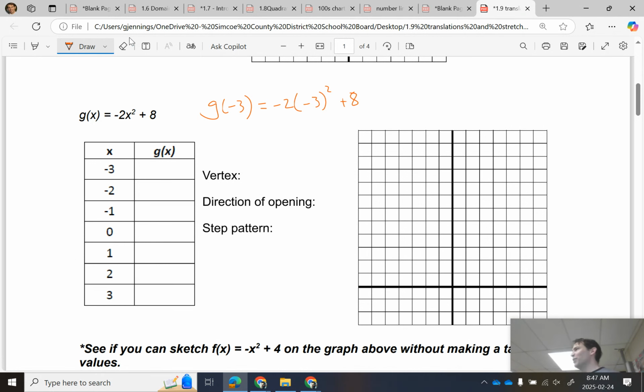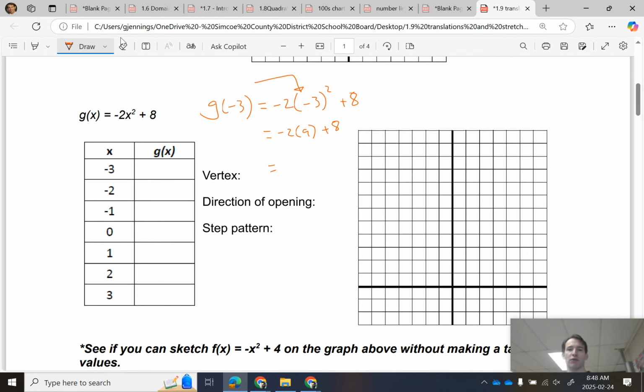And if any of you are still wondering about these brackets, I have put x in brackets there. If I punch it exactly like that in my calculator, I get minus 18 there. Sorry, that's skipping steps. I get minus 2 times 9 plus 8.